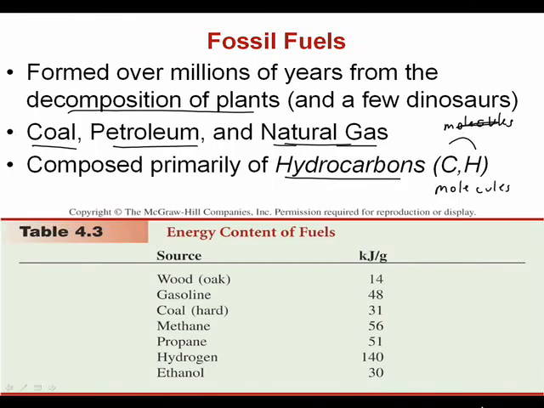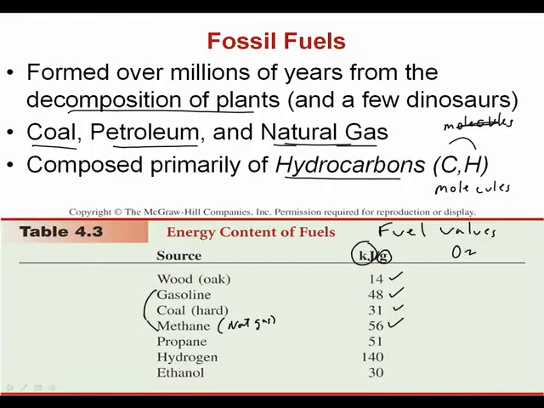Here are some fuel values. This is how much energy we get out for every gram we burn, and this is for the combustion with O2. Here's wood, gasoline, which is a mixture, coal, that's hard. It goes way down when it's less high quality coal. Methane, again, this is my natural gas. These are my three that are considered fossil fuels that come from fossilized formation of dead plants and a few dinosaurs.